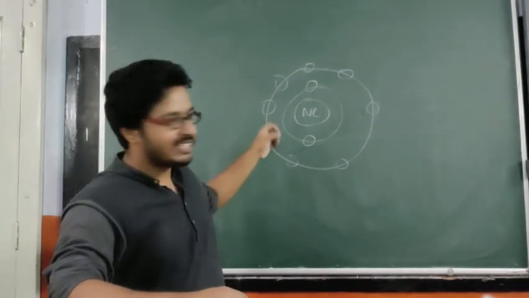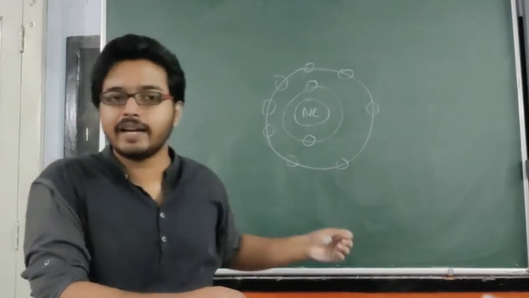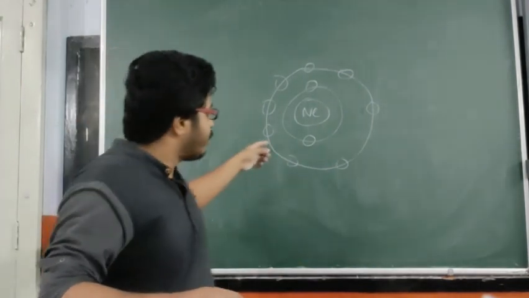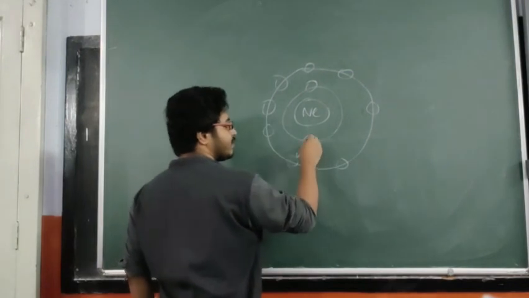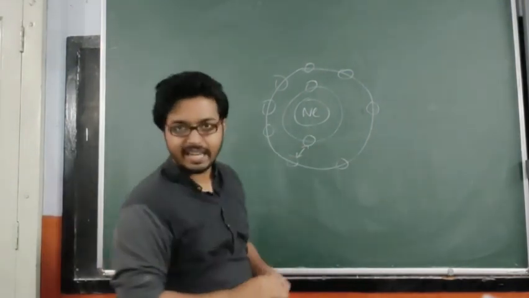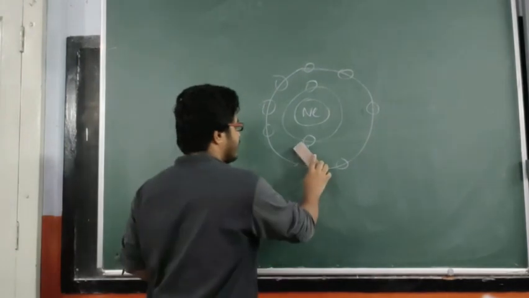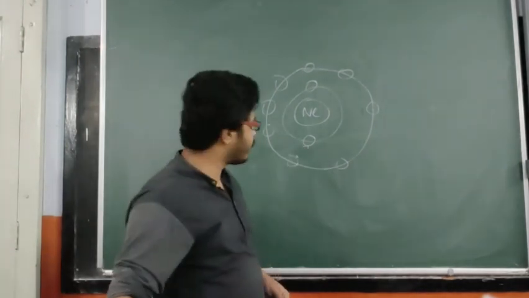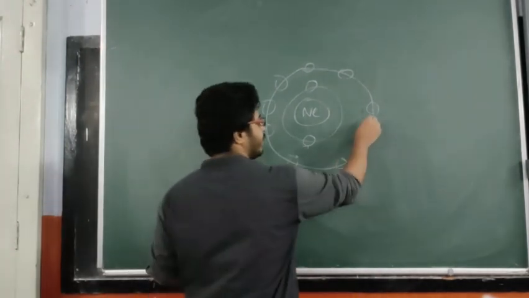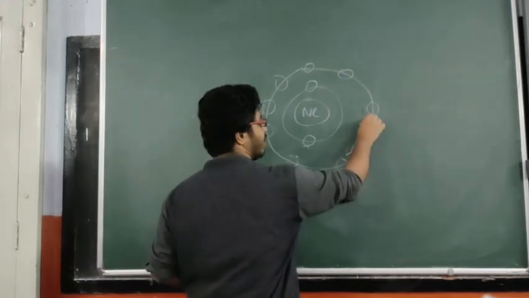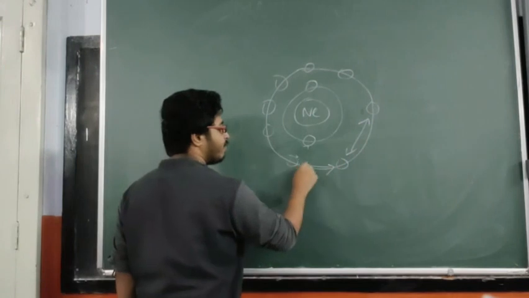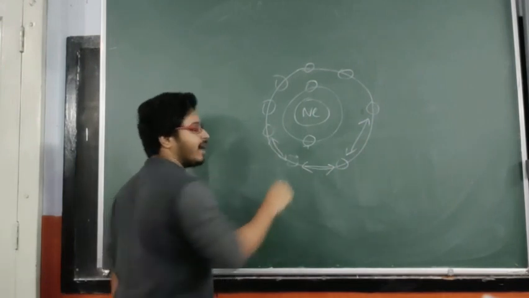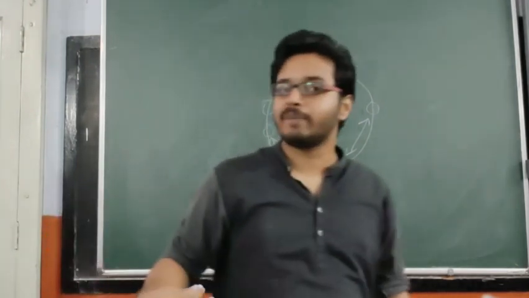So here it is a different scenario. It is not due to the repulsion between the electrons from the inner shell and outer shell. It is due to the repulsion of electrons between the same shell, or in other words, inter-electron repulsion.